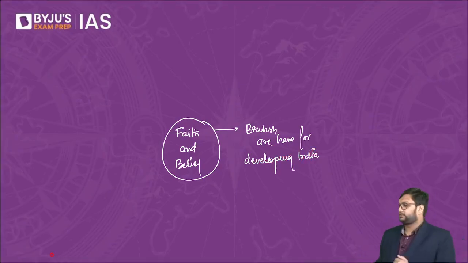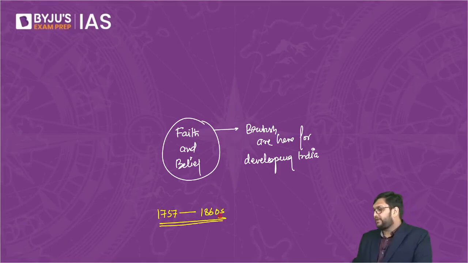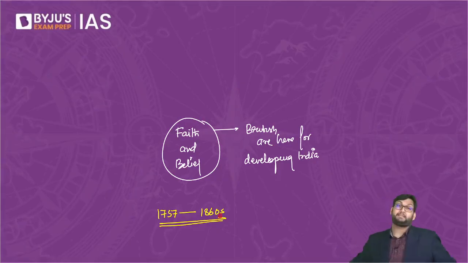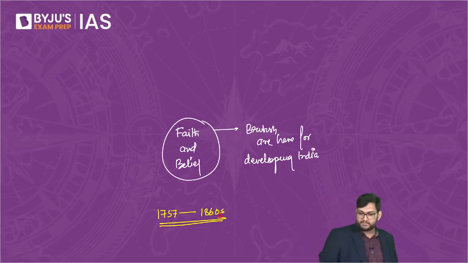This faith was there from 1757 till the 1860s, that maybe, okay, land revenue is needed, maybe destruction of peasantry is important, maybe the destruction of weavers is important, maybe all of it is going to be worth it.